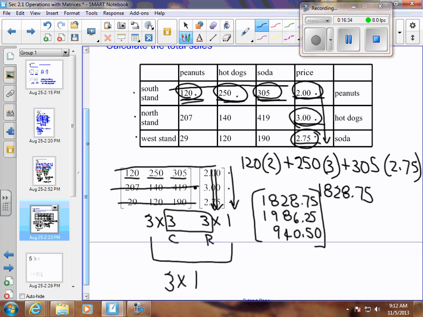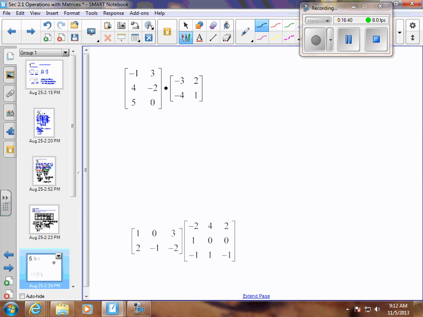Well, let's look at a similar example with more reasonable numbers that we can more easily multiply in our head. So I have 2 matrices with the indicated operation multiplication. First, I want to check to make sure that the multiplication can be done. The first matrix has 3 rows and 2 columns.